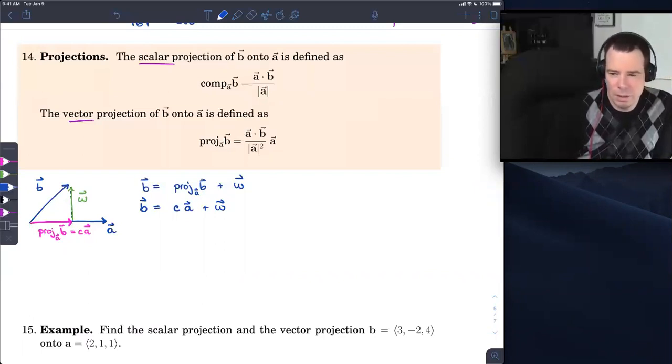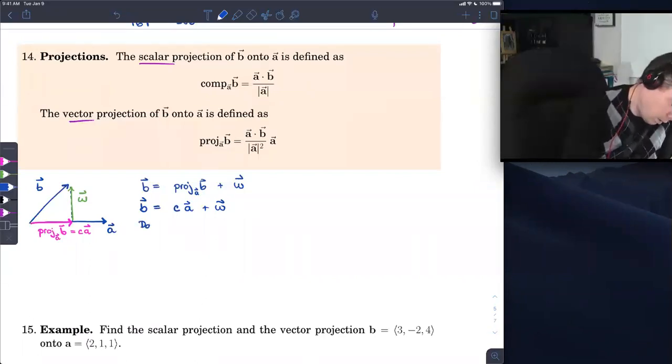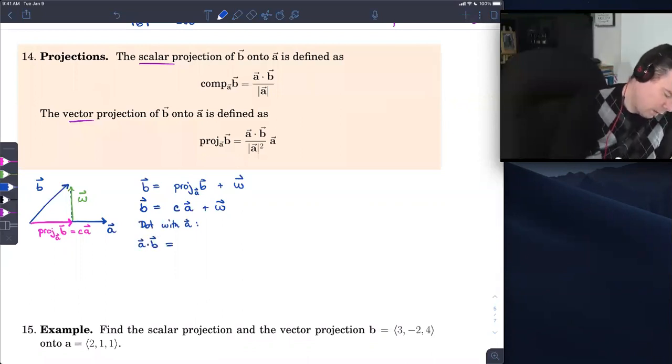So that's my key observation here, is that I can get rid of that W by taking a dot product of W with A, because they are perpendicular. So what I will do is I will dot with vector A, and I'll do that to both sides. So we'll go A dot B on the left, and I will take the dot product with A on the right. So A dot this whole thing.